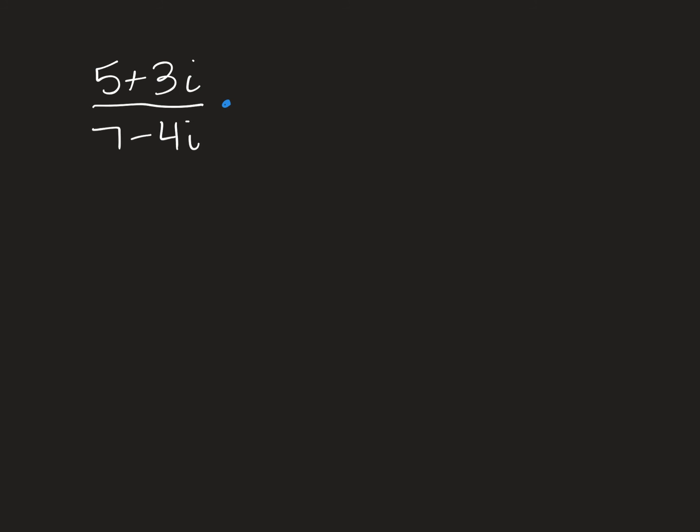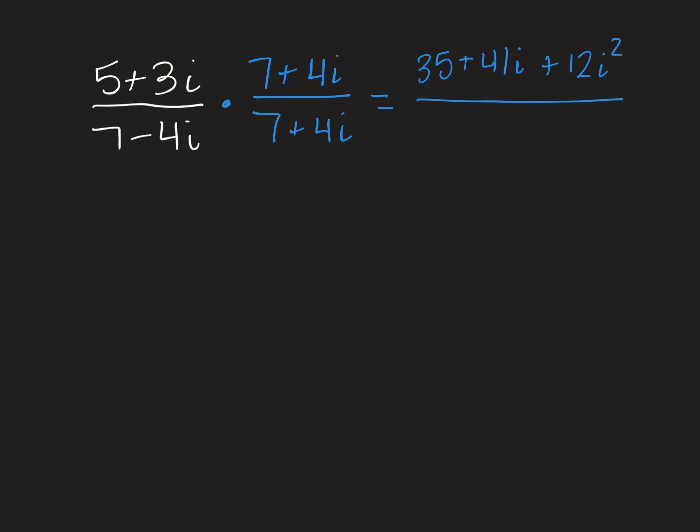So make that a 7 plus 4i, and multiply by that on top and bottom. Right, then we're going to FOIL. All right, I'm not going through the whole FOIL process.